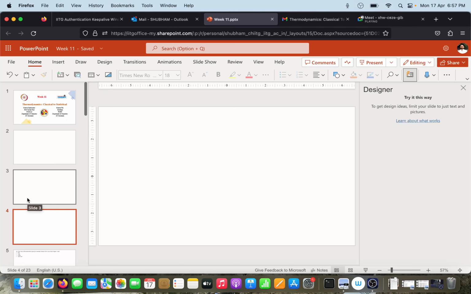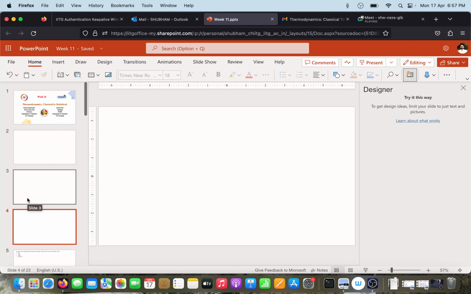Delta S2 is the phase transition from liquid to solid, and going from liquid to solid this will be negative, since delta H should be negative. That is given as 6 kilojoule, that is 6000 joule per mole.